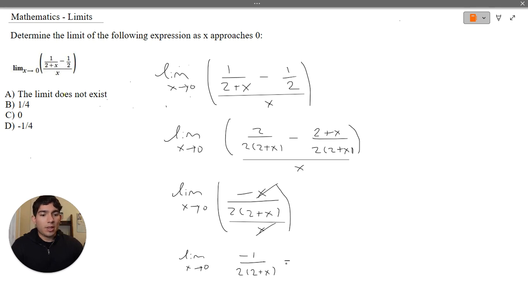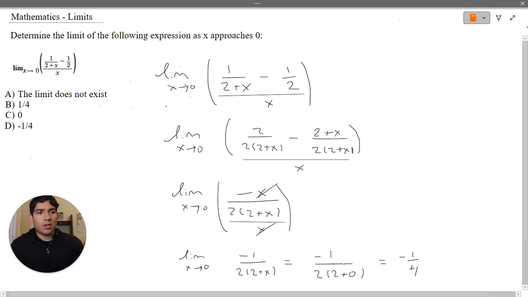And now that we have it simplified this far, as you can see, we can now plug in 0 and we don't have a domain issue anymore. So if we do that, we're going to end up with negative 1 over 2 times 2 plus 0. And then once you evaluate that, you're going to get that the answer is negative 1/4.